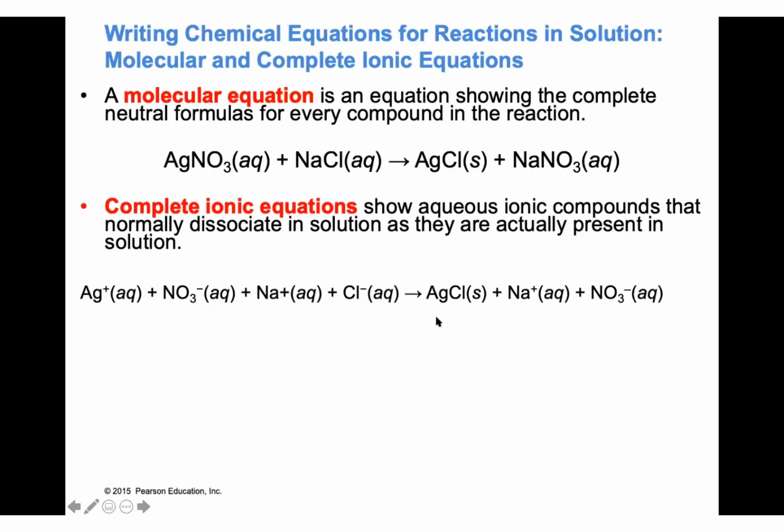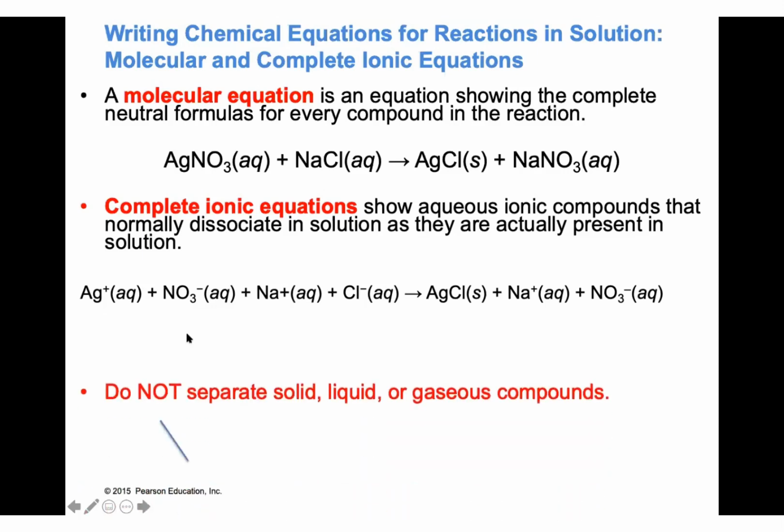Then from the complete ionic equation, we write the net ionic equation. What is the net ionic equation, guys? In the net ionic equation, we cross out the ones that are repeated on both sides of the equation. Which of them are repeated here? Nitrate, right?